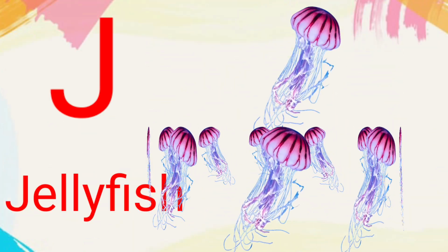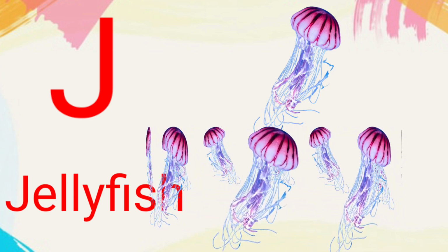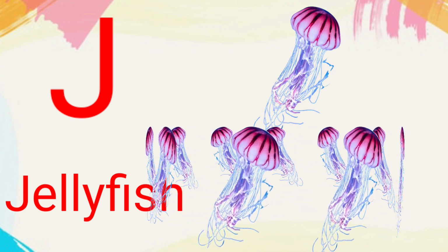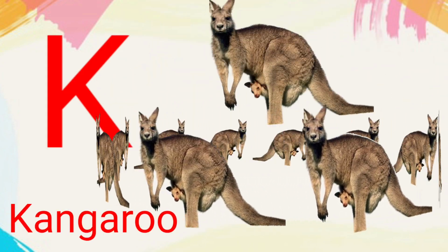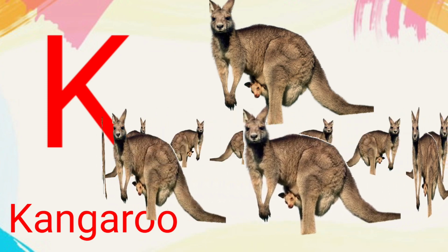I is for eyes. Eyes. J is for jellyfish. Jellyfish. K is for kangaroo. Kangaroo.